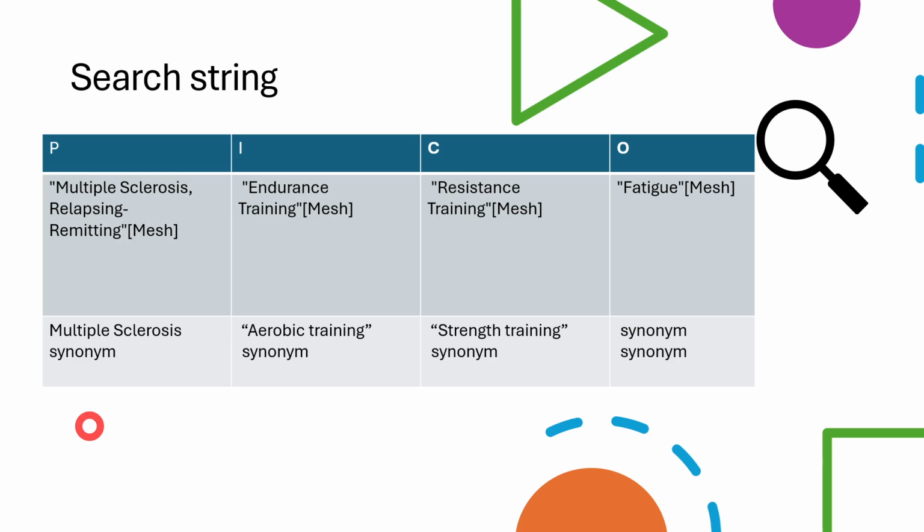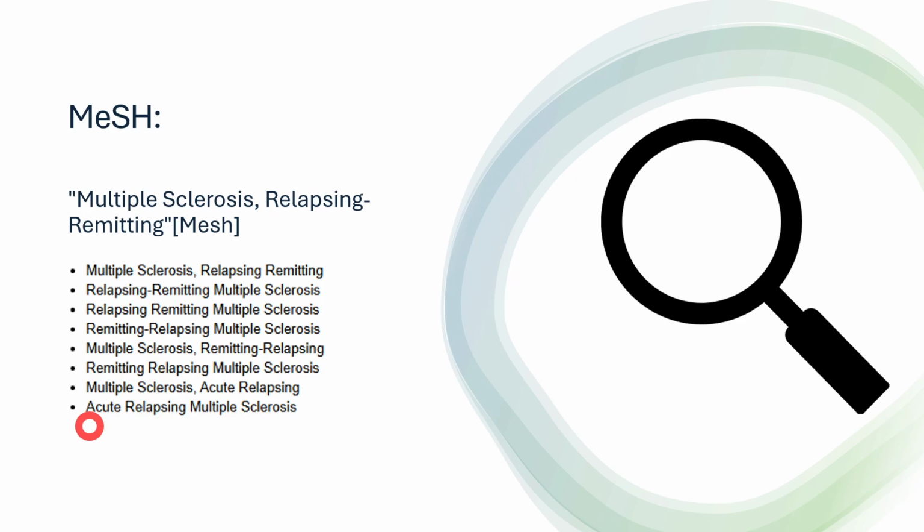Find your search elements. What can be helpful is to look for MeSH terms. Here I have an example of a MeSH term, multiple sclerosis relapsing remitting, MeSH within brackets. And what it does is showcased here.